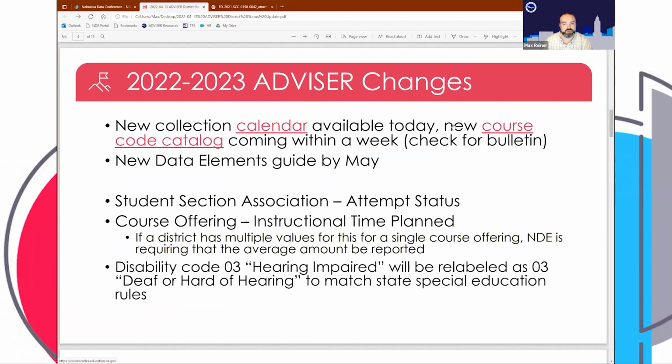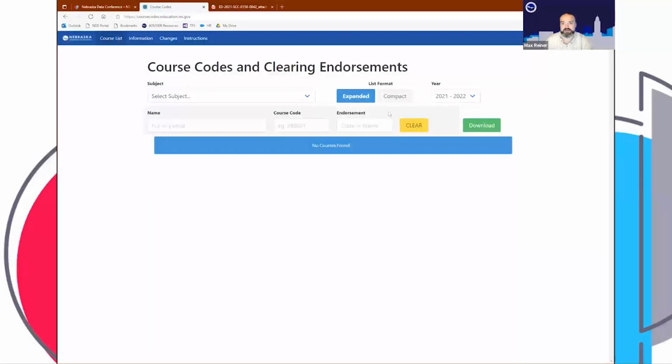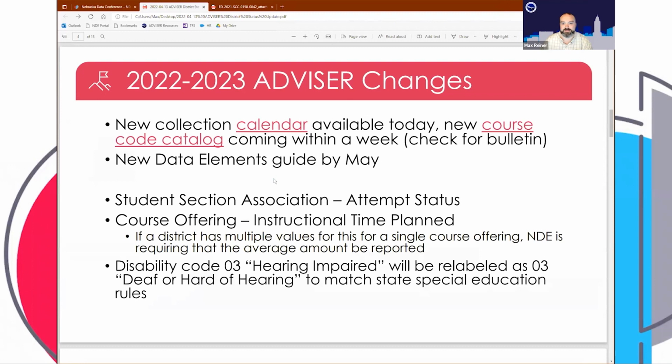We're expecting probably within about a week, we will get the new 22-23 course code catalog website updated with all the new course codes and the changes listed for the new year. I'm sure we'll also send a bulletin item out after that comes out, so keep an eye out for that.